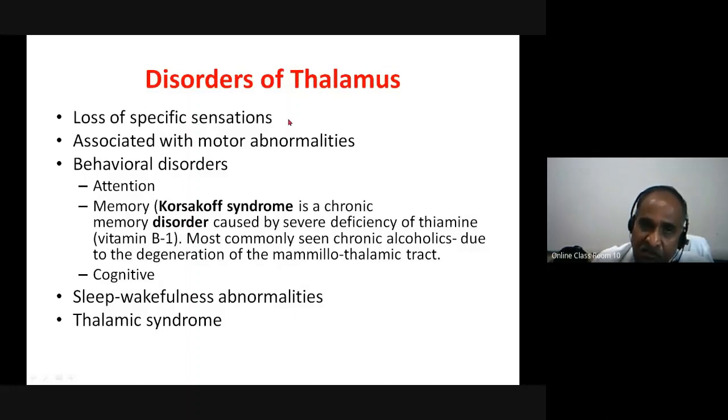Maybe hemianopia or whatever, depending on how much the lateral geniculate body is involved. And then if the ventroposterolateral nucleus of the thalamus is lost, all the medial lemniscal and pain fibers are lost. So like that, the specific areas and the specific sensations are lost.